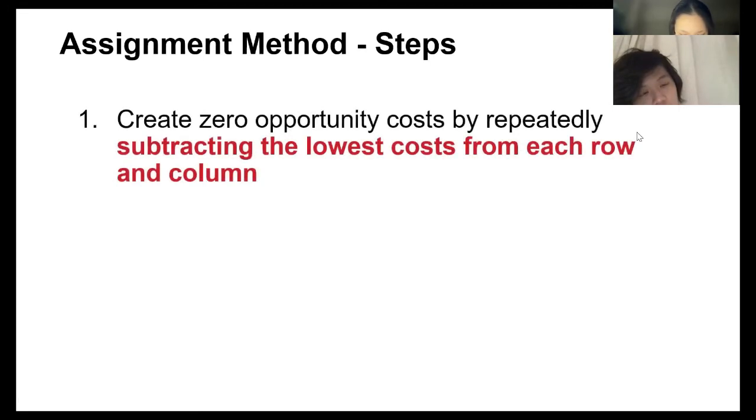So the rule is like this. First, we will go through this slowly. Step 1: create zero opportunity cost by repeatedly subtracting the lowest cost from each row and column.